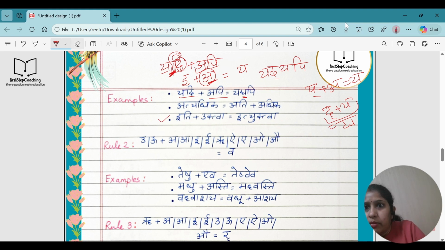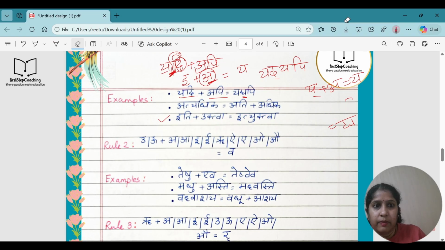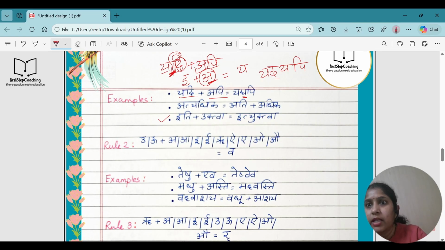Now, if you see this example, let me erase this one so that it becomes easy. So you remember that E becomes ya. Whatever is letter is there with E ki matra, that becomes half. And whatever swar is there, whatever is the starting swar for the second word, that matra ya is going to take. These are the three things you have to remember. So with the help of that only, let's join this one.